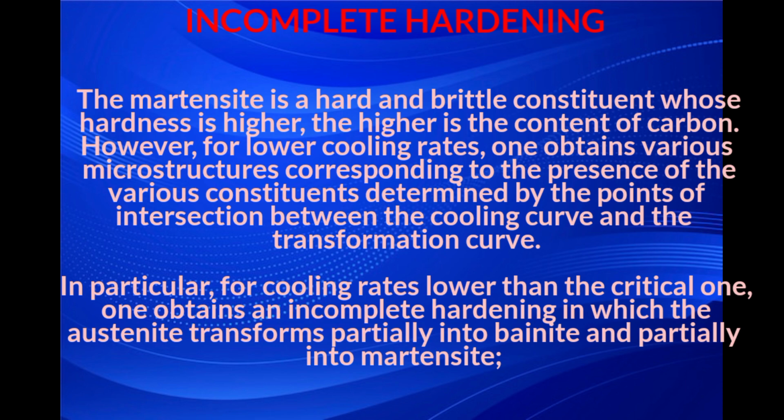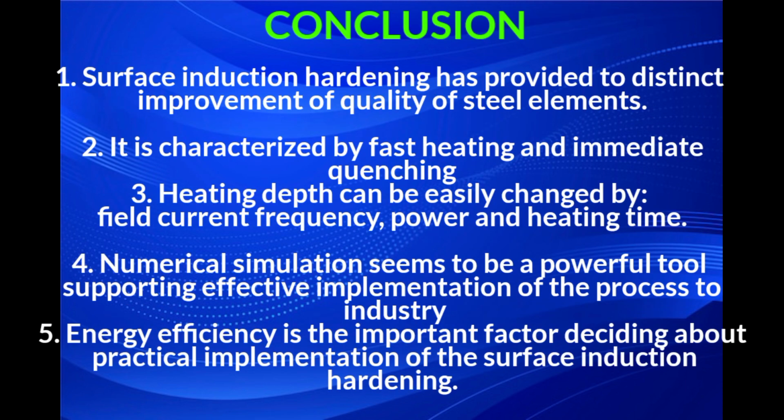However, with lower cooling rates one obtains various microstructures corresponding to the presence of various constituents determined by the points of intersection between the cooling curve and the transformation curve. In particular, for cooling rates lower than the critical one, one obtains an incomplete hardening in which the austenite transforms partially into bainite and partially into martensite.